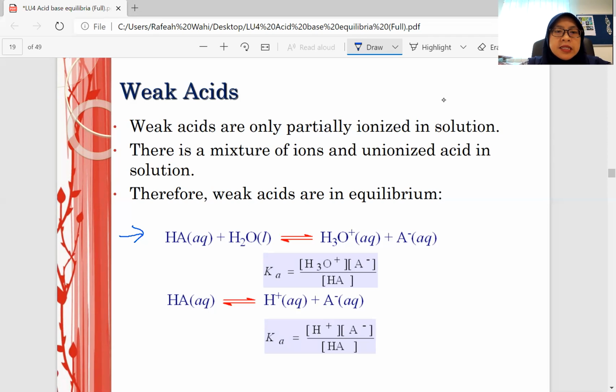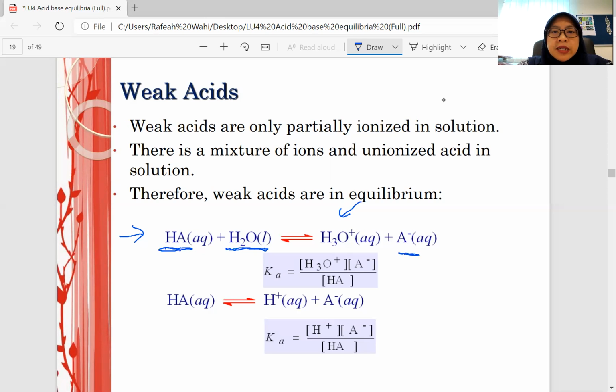So in this case, we have weak acid HA. HA here represents a weak acid. It dissociates in the solution, so we have H2O here. And the products would be the hydronium ion and also the conjugate base.